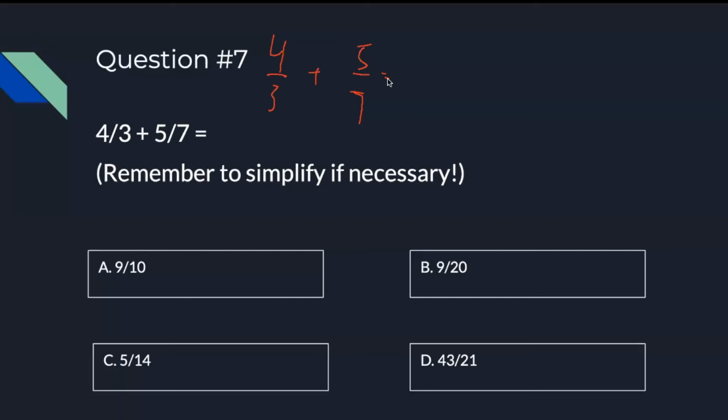Okay, one more minute. Remember, if you're unsure, you can always just take an educated guess, right? There's no penalty for getting it wrong.